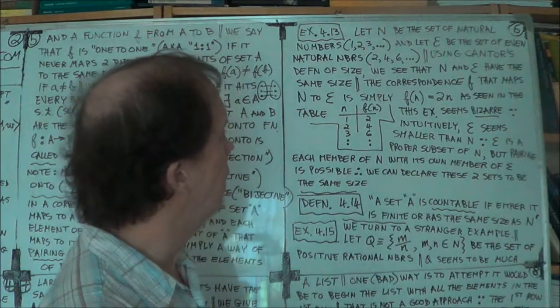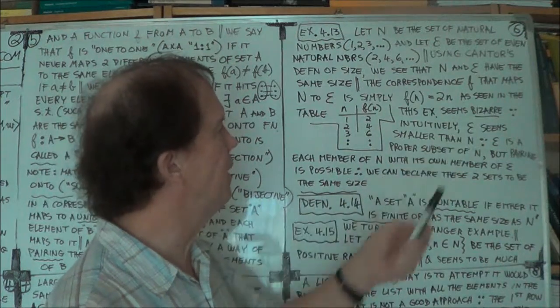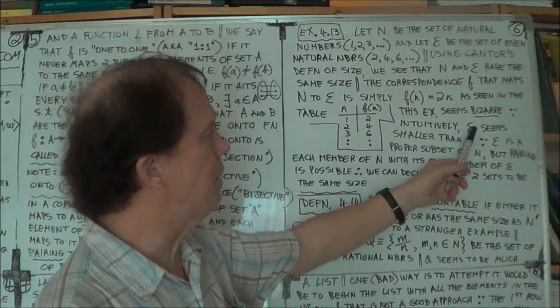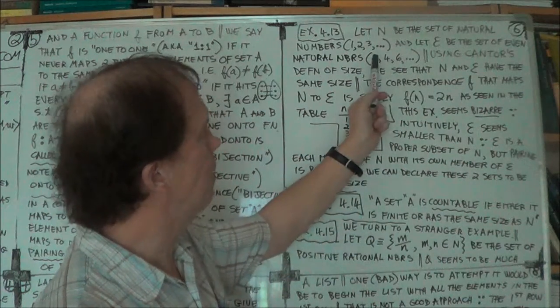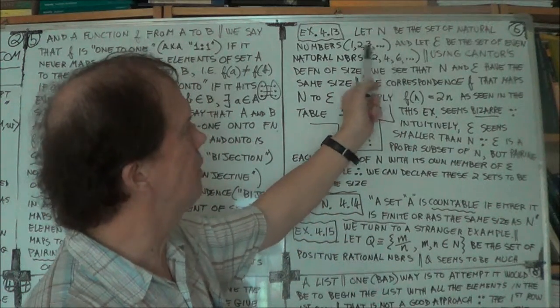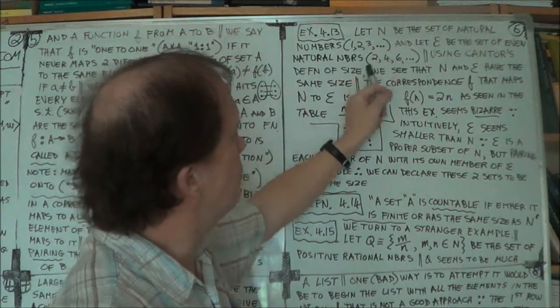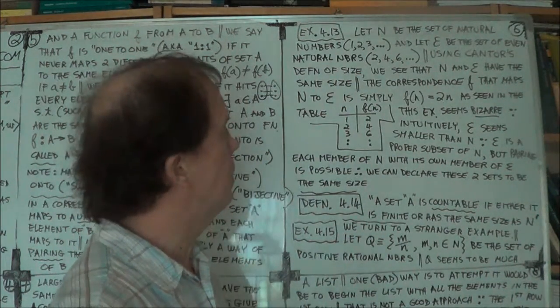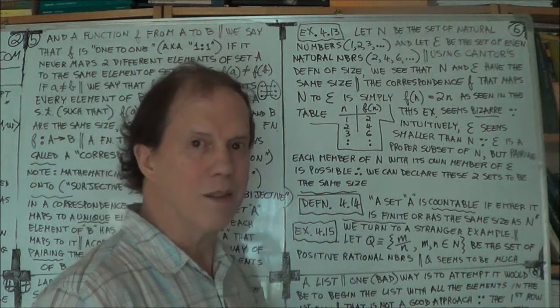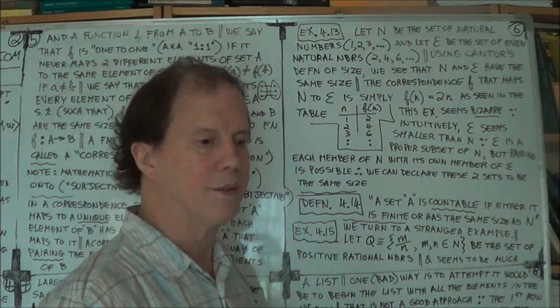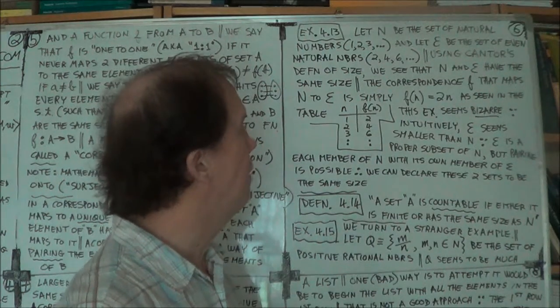Right? Now, that may seem a bit bizarre, because intuitively you'd think that this set, capital epsilon, is missing every odd one compared to this one. So your intuition would tell you that this set is bigger than this one. But according to Cantor's definition, the pairing, they're the same. They have the same size. Well, relative size.